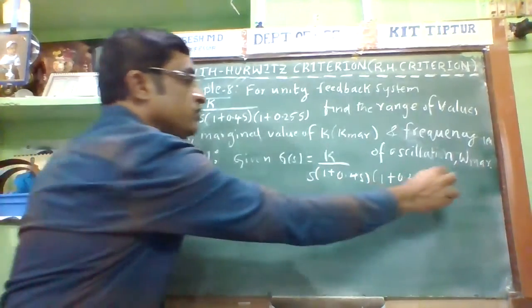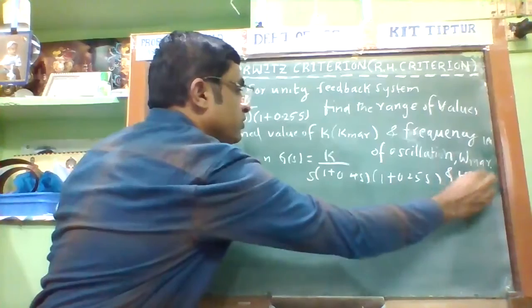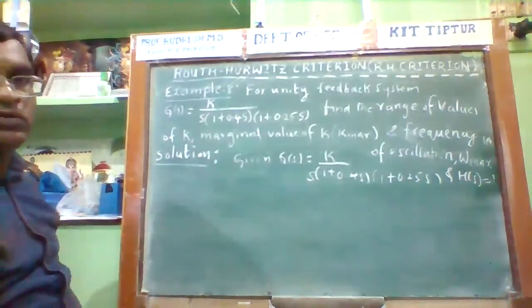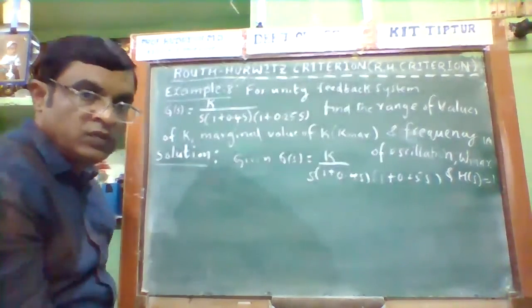And H(s) is also given, H(s) is equal to 1, for a unity negative feedback system.